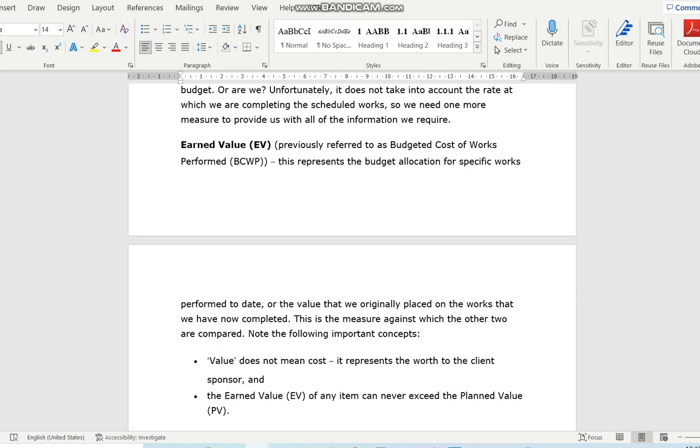The actual money that is paid and the money that you budgeted for the work can be different. So with EV combined with AC, you will get your CV, and with EV combined with PV, you will get your SV. One is on schedule, one is on money. So directly from the financial S curve, you can get these two things.